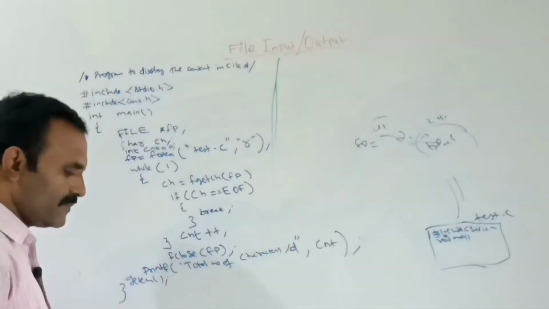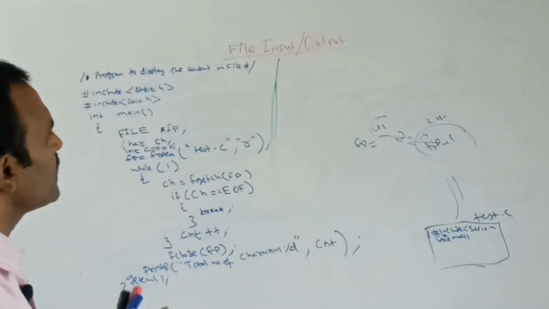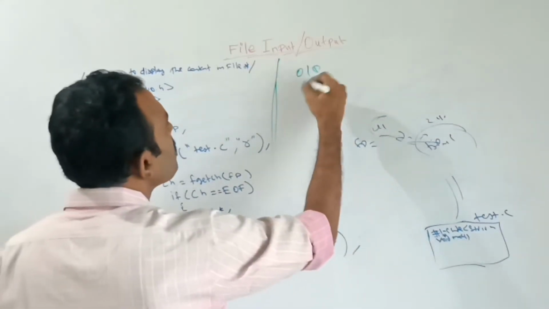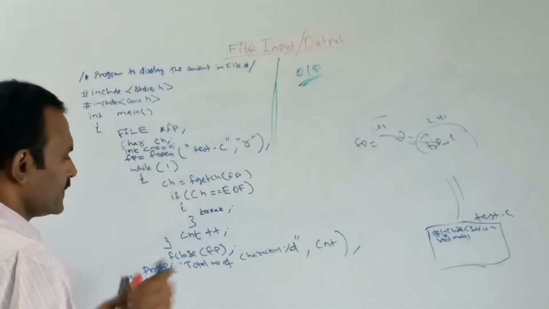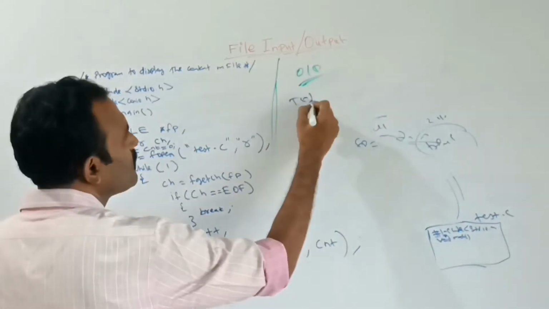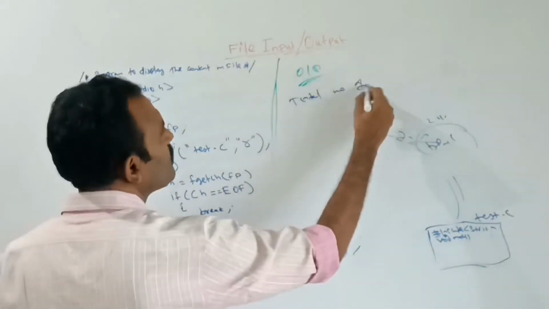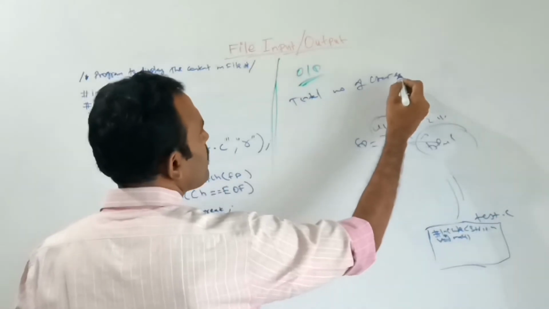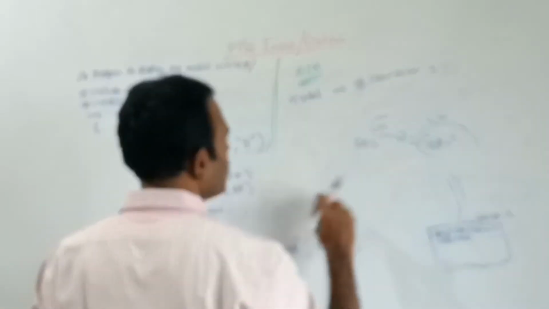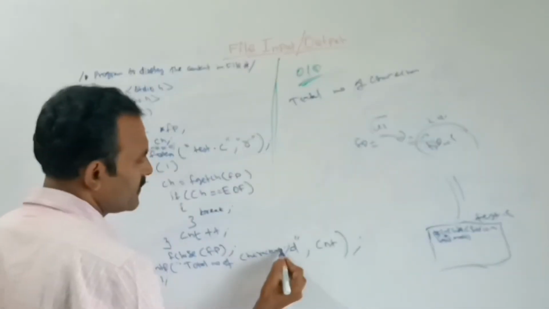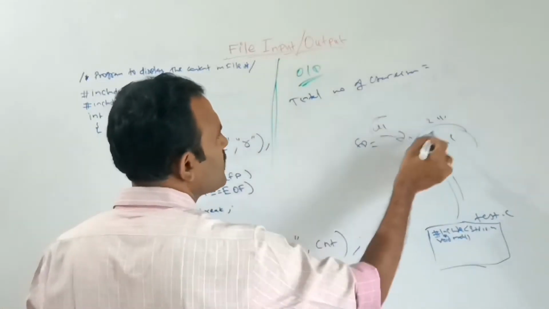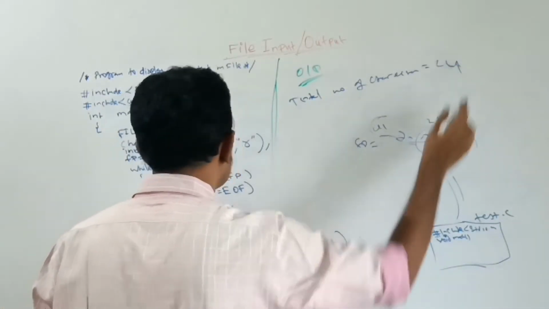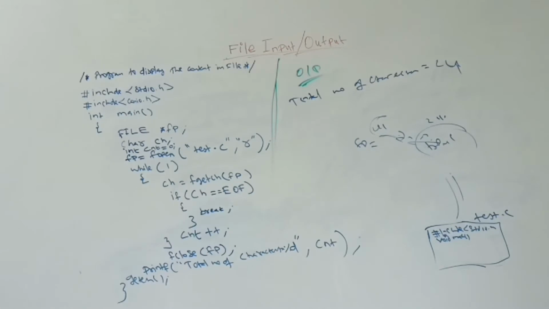So see the output: total number of characters is equal to, if you want you can give equal to, next this letter count 24 will be printed. In this way we can read letter by letter, count the letters, and finally display the count.